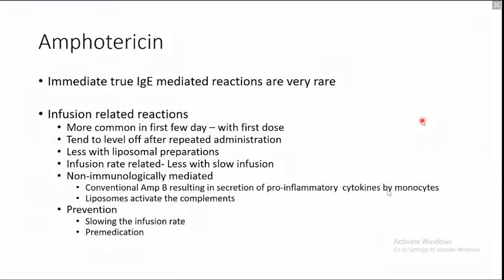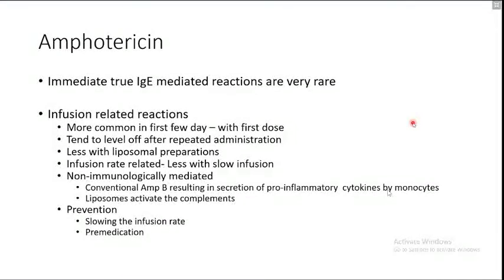Now, Amphotericin, again, the true IgE-mediated reactions are rare. Again, there are infusion-related reactions, and commonly these patients develop the reaction with the first few doses, most commonly with the first dose, shortly after the first dose, but the reactions tend to level off after repeated administration, and the reactions are less with liposomal preparations.